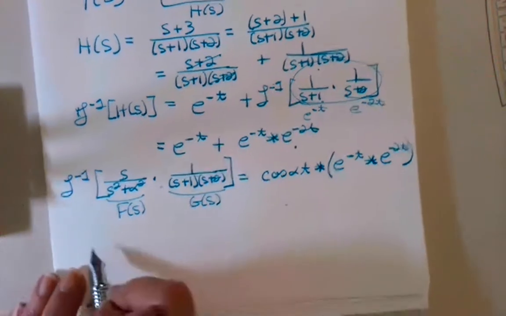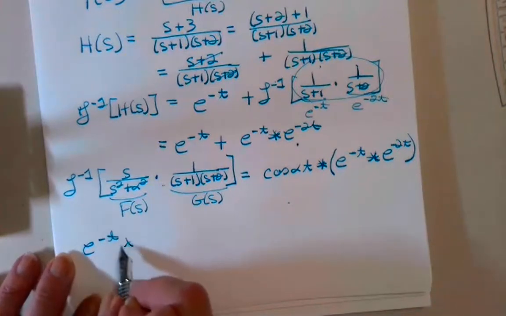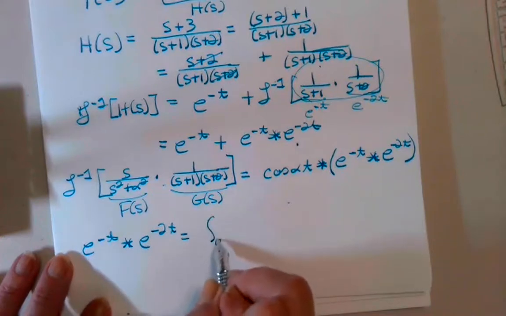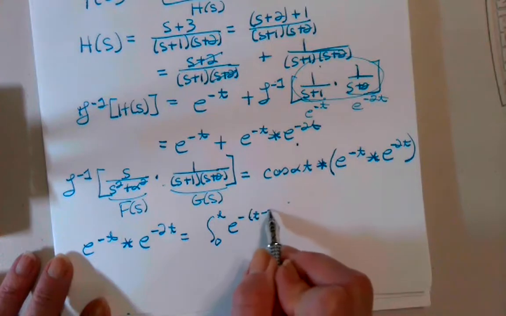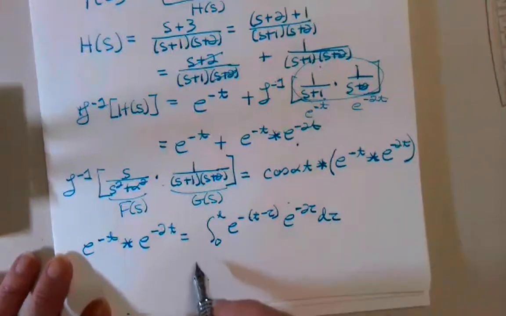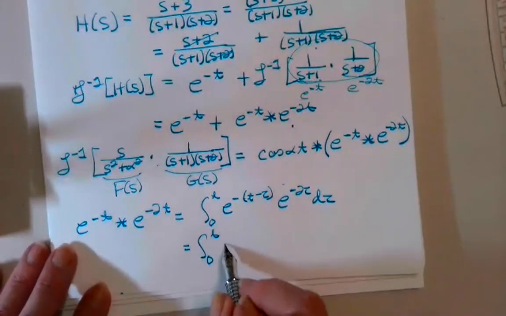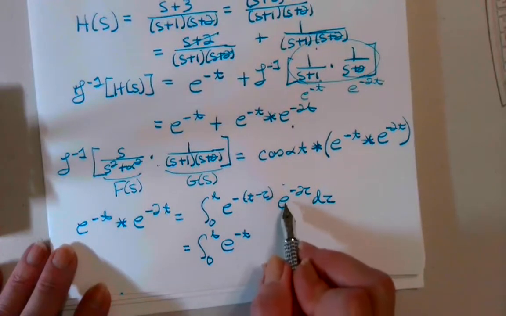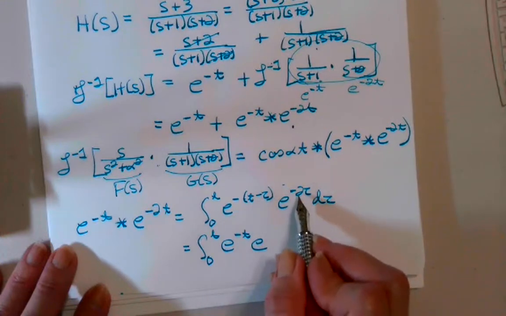For example, if we wanted to do the convolution of e to the minus t with e to the minus 2t, this is just the integral from 0 to t of e to the minus (t minus tau) times e to the minus 2 tau d tau. So that's the integral from 0 to t of e to the minus t, e to the plus tau, and then e to the minus 2 tau.